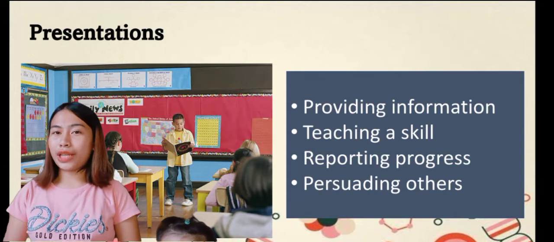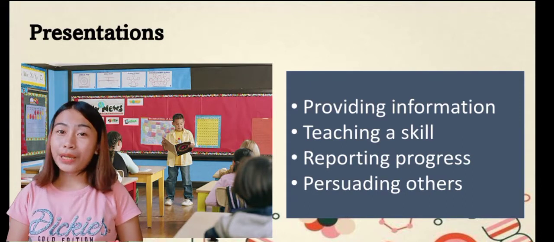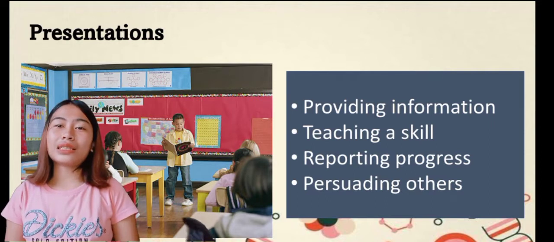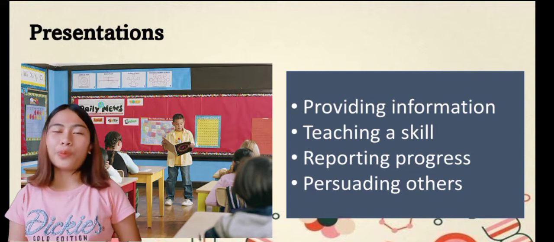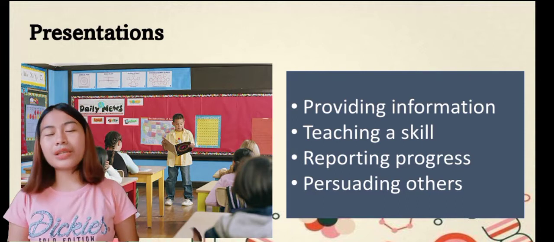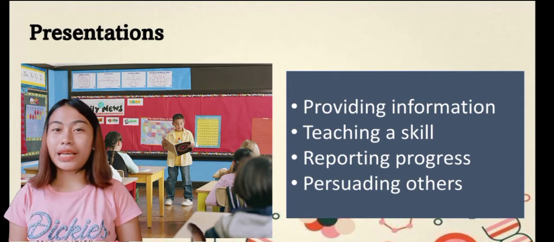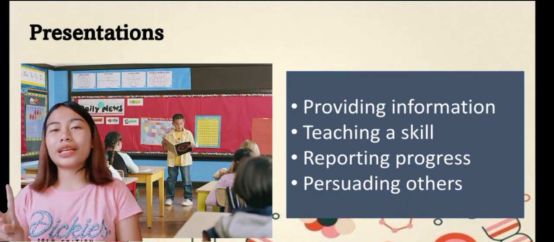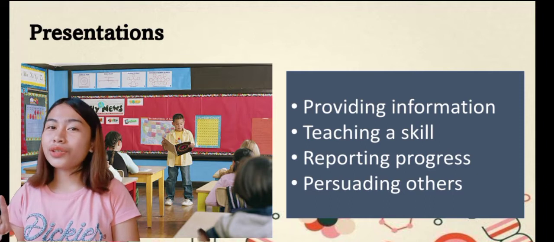First is presentations. One easy way to have students complete a performance-based activity is to have them do a presentation or report of some kind. This activity could be done by individual students, which takes time, or in collaborative groups. The basis for the presentation may be one of the following: providing information, teaching a skill, reporting progress, persuading others.